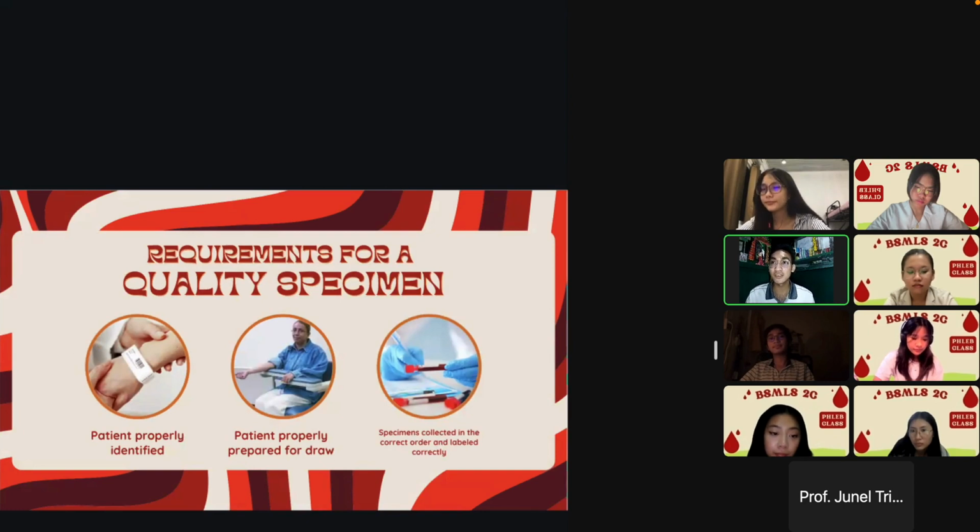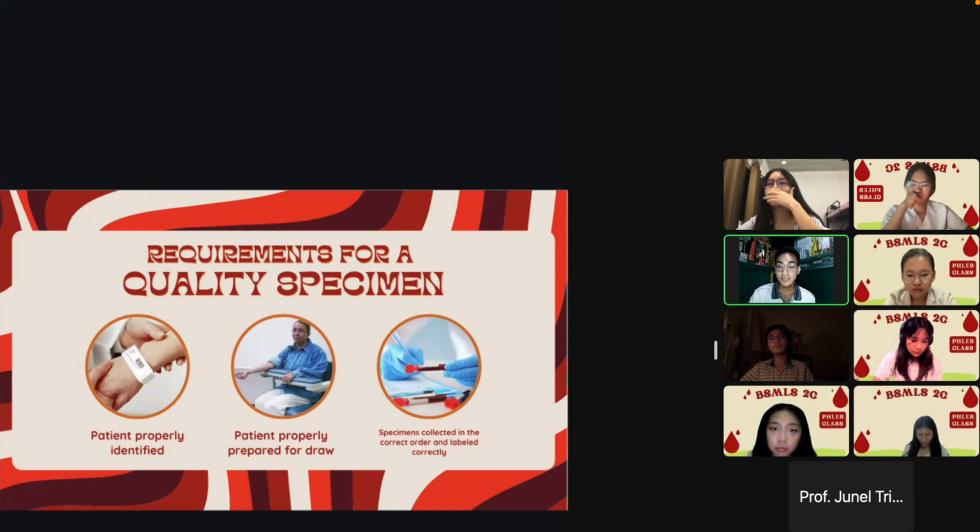So we have discussed earlier sa procedure, di ba? First and foremost is the patient identification. So ine-ensure natin yan para hindi magkaroon ng confusion when it comes to sinong nagmamay-ari nung specimen. So baka yung specimen na yun is mapunta sa other patient which is dun palang mali na.